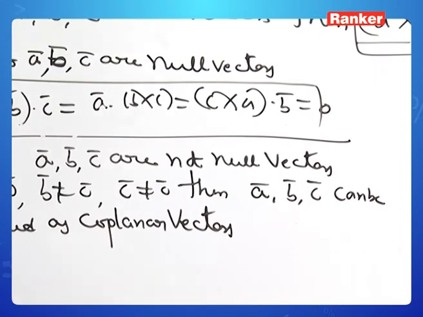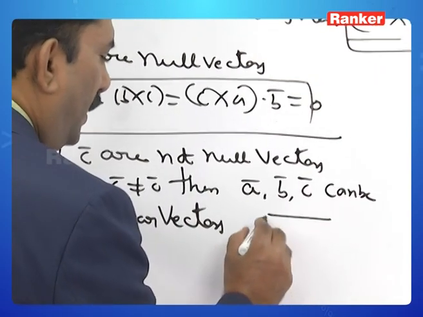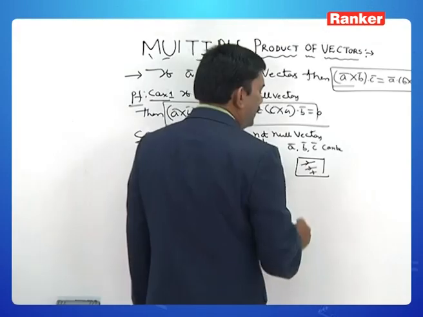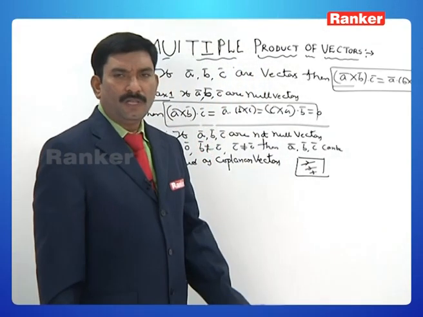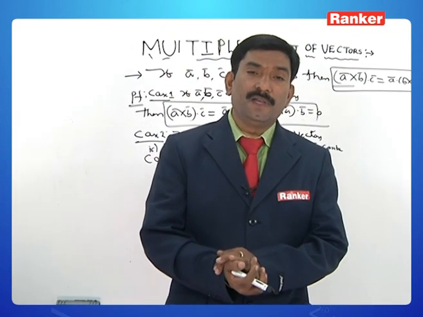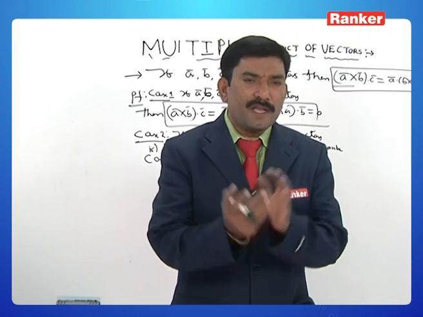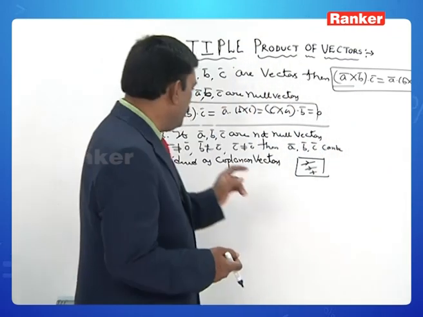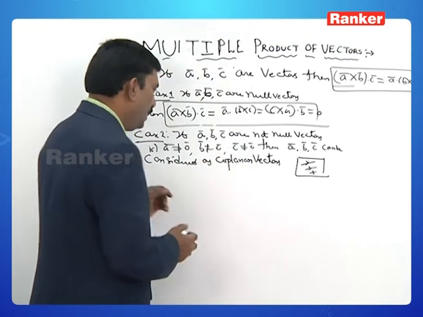Coplanar vectors means if I take a plane, all three vectors are lying in the same plane. What's the definition of coplanarity? The vectors which are lying in the same plane or parallel planes are known as coplanar vectors.